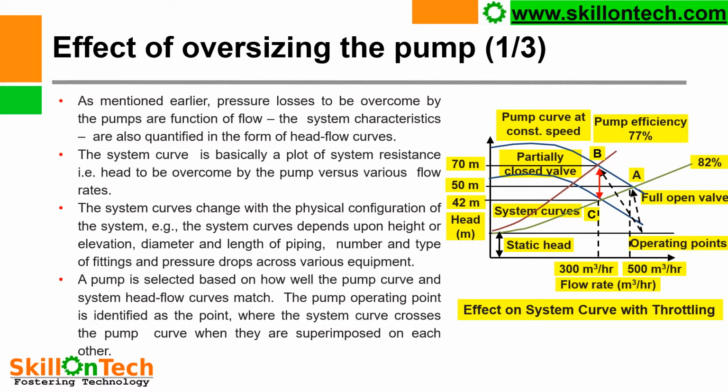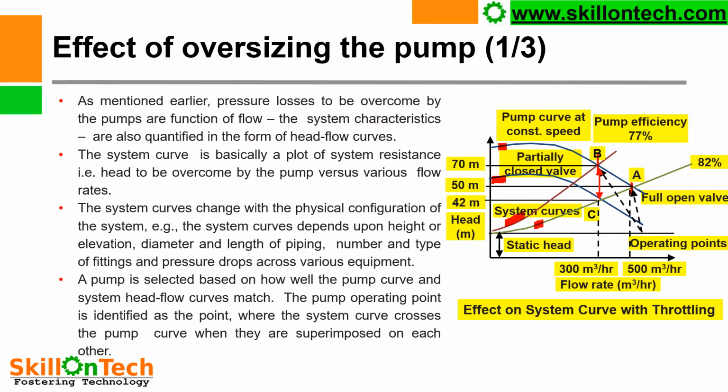The system curve is basically a plot of system resistance that has to be overcome by the pump versus various flow rates. Here you can see in this picture the characteristics curve and two system head curves. The system curve changes with the physical configuration of the system.